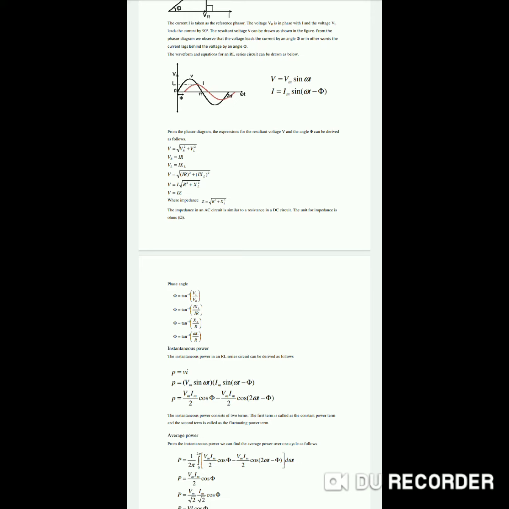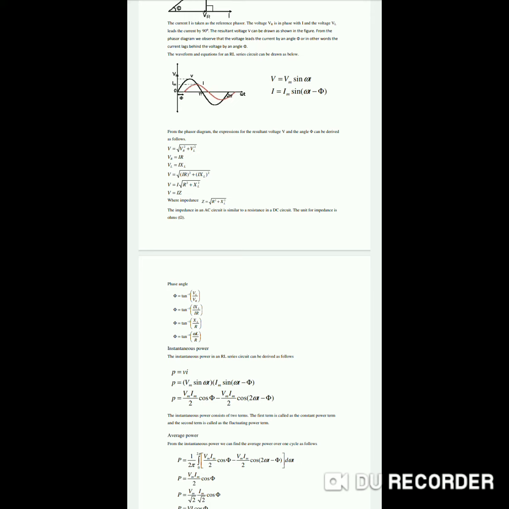The square root of R square plus XL square is taken as the impedance, that is V is equal to I into Z, where Z is square root of R square plus XL whole square.